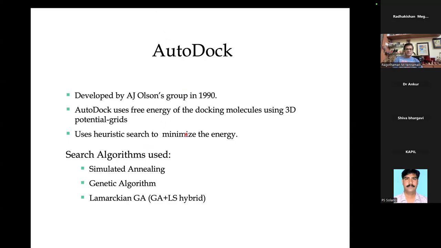So AutoDock is a popular tool. It was developed in the 1990s in the Olson group. They have three different search algorithms. This is for conformational search, finding out how the molecule structure is present in different orientations, different conformations.